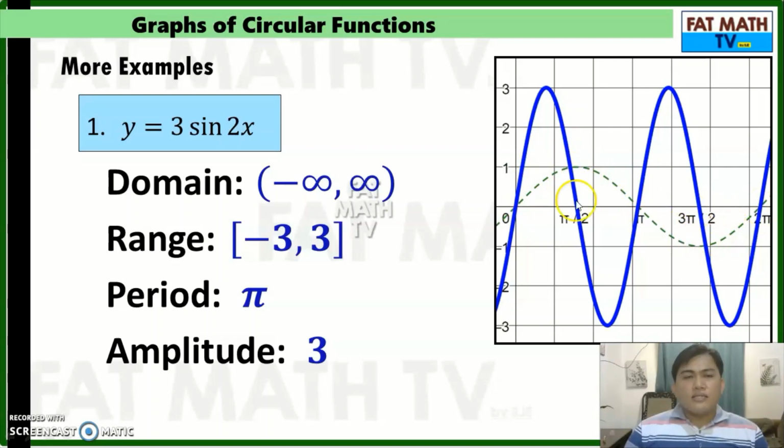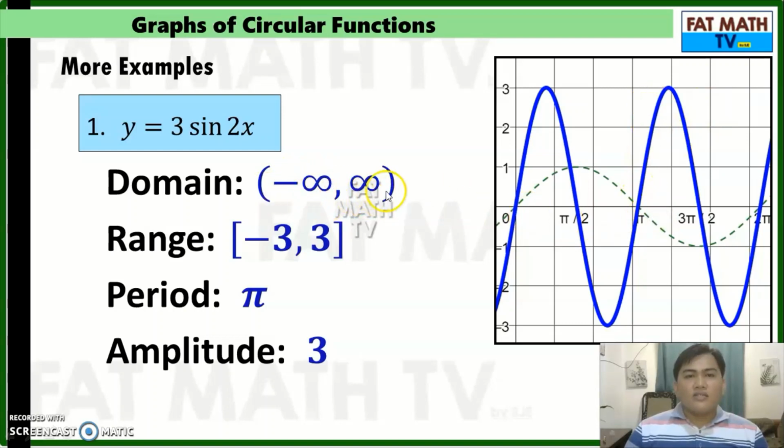These are broken lines. And then, since there's a times 3, we will have a vertical stretch up to positive 3 and then up to negative 3 here at the bottom. And then the 2 here will create a horizontal shrink. So the graph will look like this. So there's a vertical stretch and a horizontal shrink.